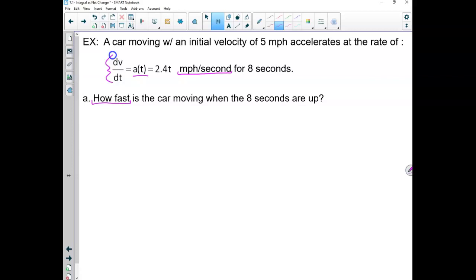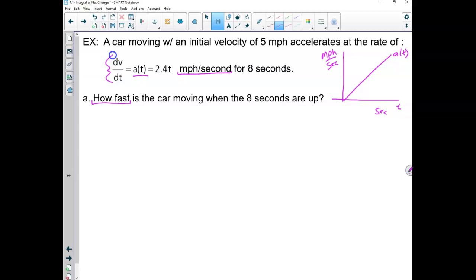If I had a graph, okay, and here's my a of t graph, here's my acceleration graph, and this is my t-axis for seconds, okay, and my acceleration is given to me in miles per hour seconds.